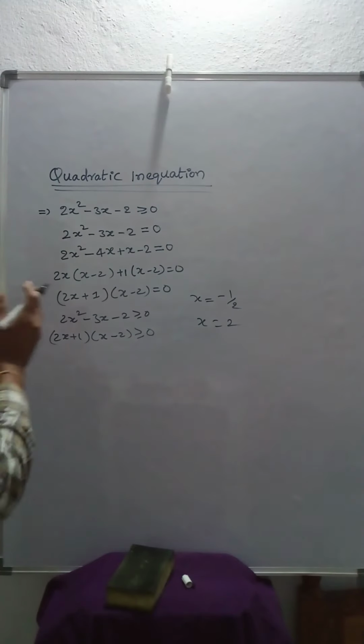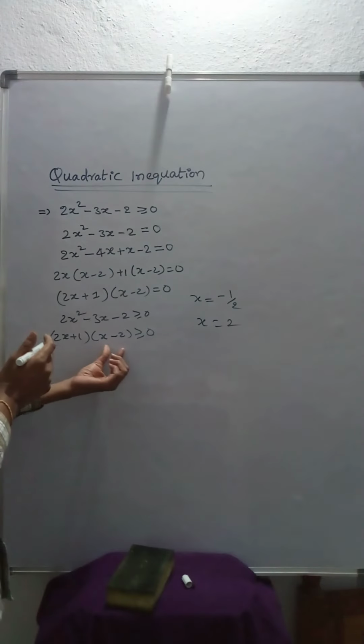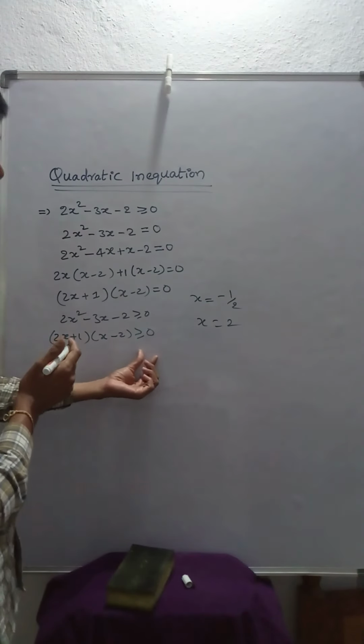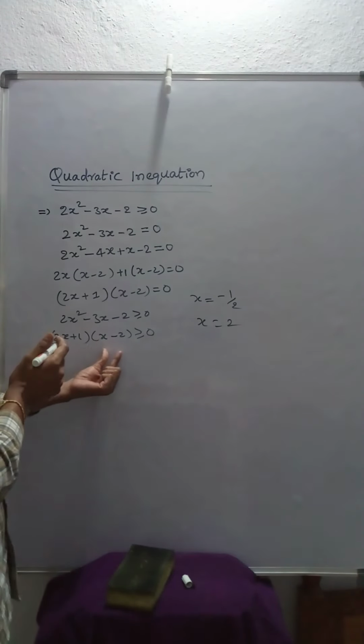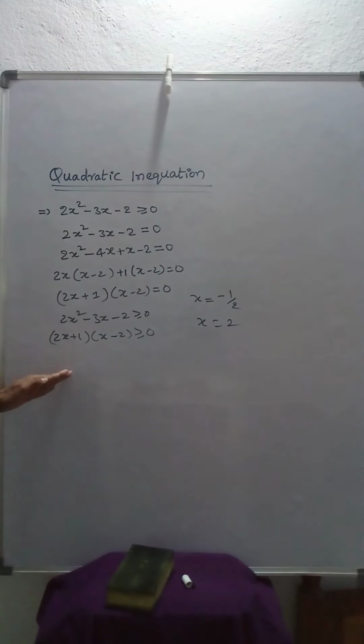Now confirm one thing. Plus into plus is greater than 0, minus into minus is plus, which is also greater than 0. If I take an x value that makes both factors negative, then a negative multiplied by a negative ultimately gives a positive value.